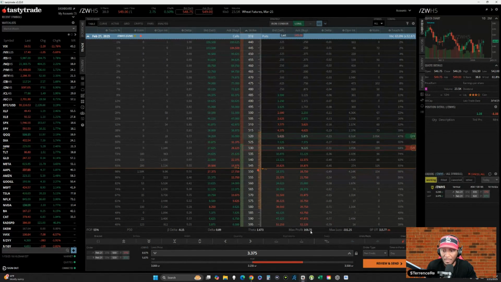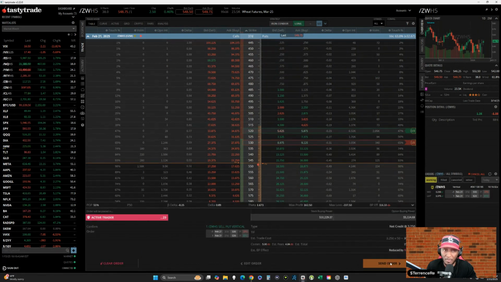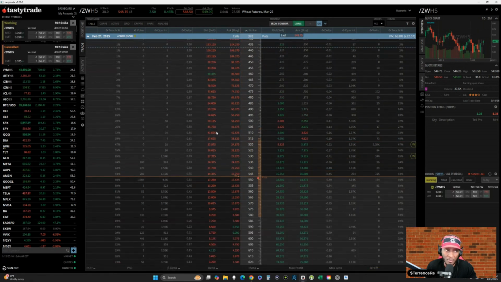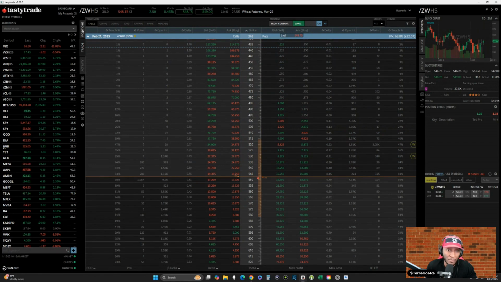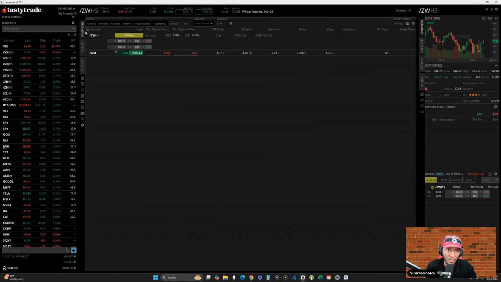Hadn't gotten filled yet. Max profit on this trade would be 168 bucks. You can see it down here. If I penny it down to try to get filled at one, let's see what happened. So no fill. I ain't giving up nothing else.